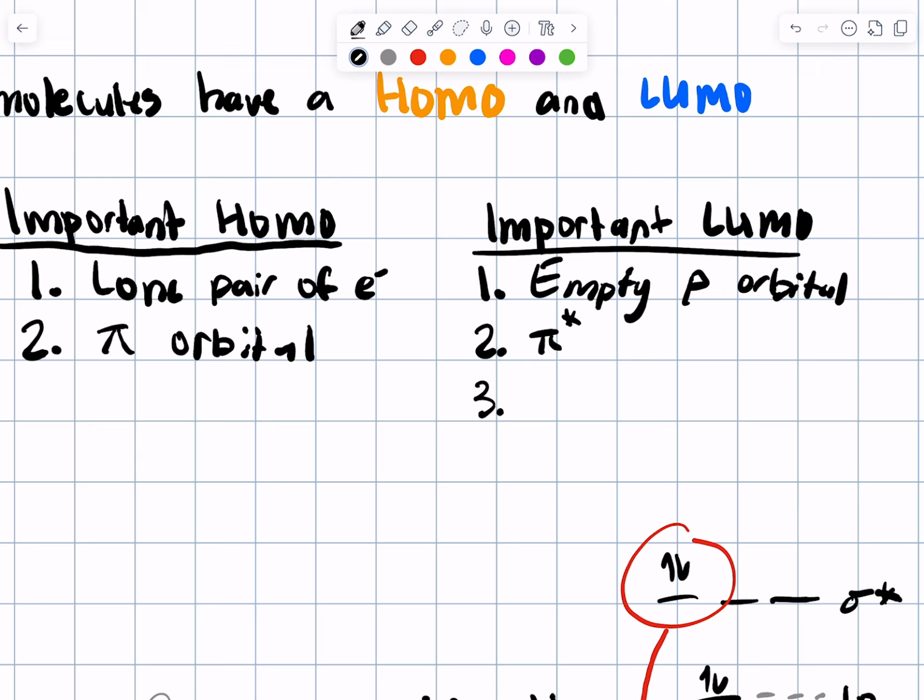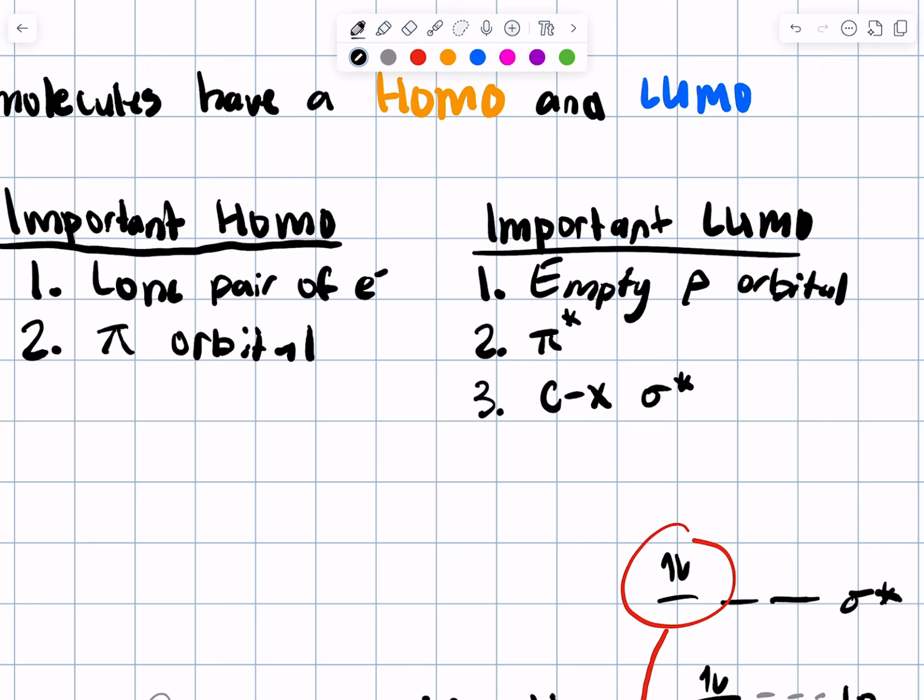I'm going to look for a C-X sigma star. So X, we're going to see this a lot in organic chemistry. X is often a placeholder for a halogen or some similar groups.